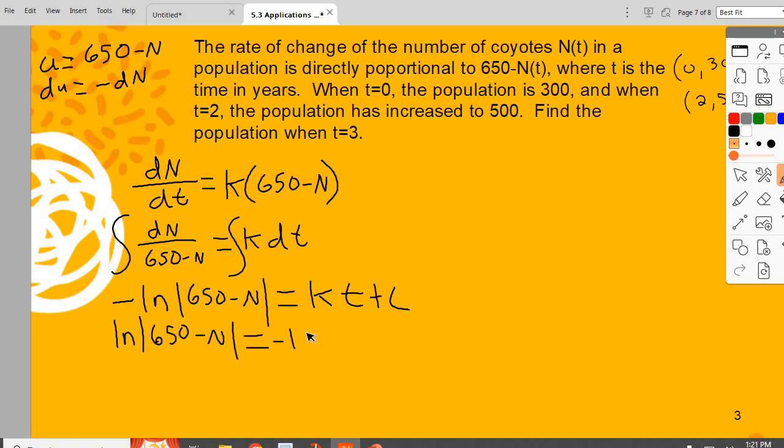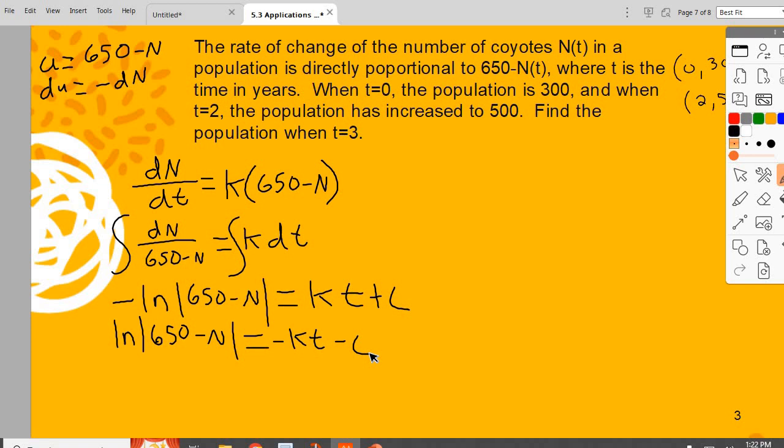We get negative kt minus C. You could put it as plus C. The only thing that changes is that when we use our initial conditions and solve, you would get a negative, and then the C would come out positive because of the negative there. So you just need to be careful not to put too many negatives or leave them out.